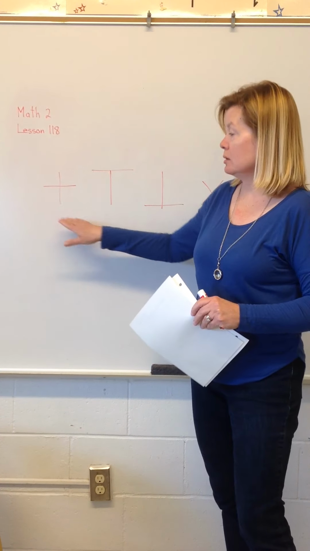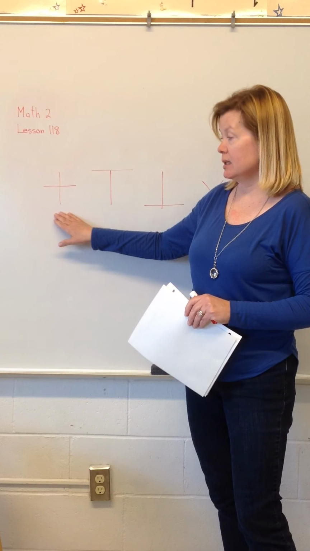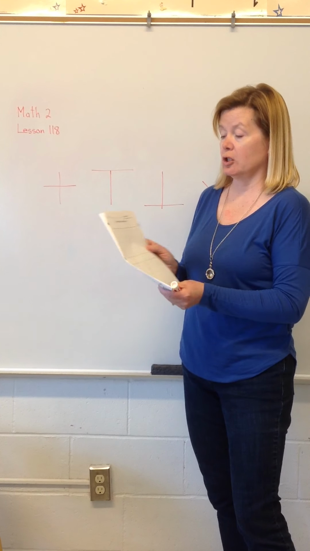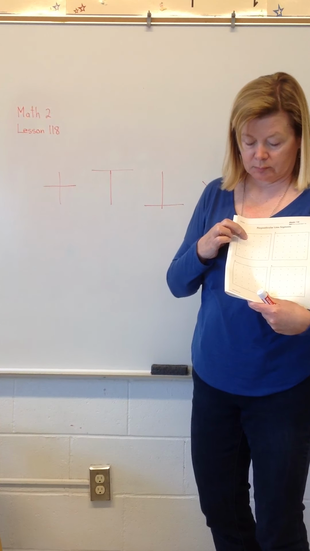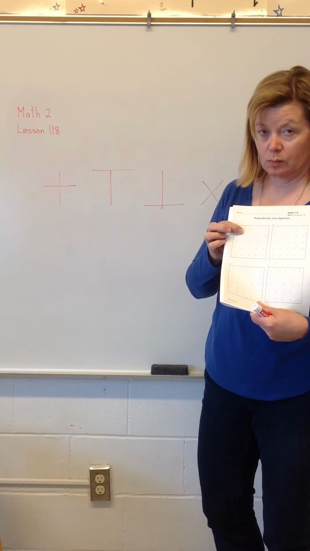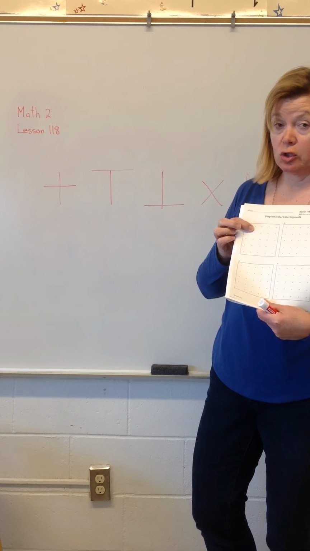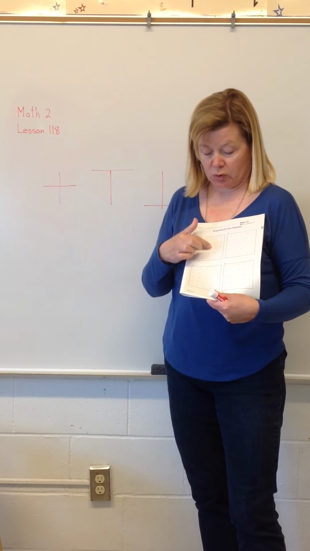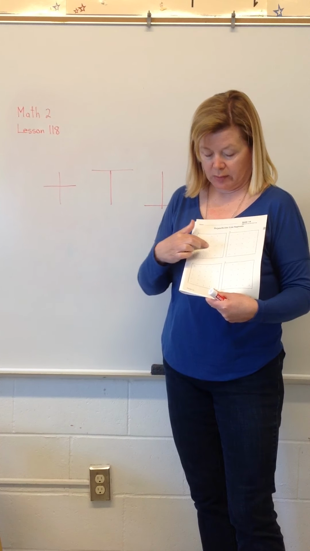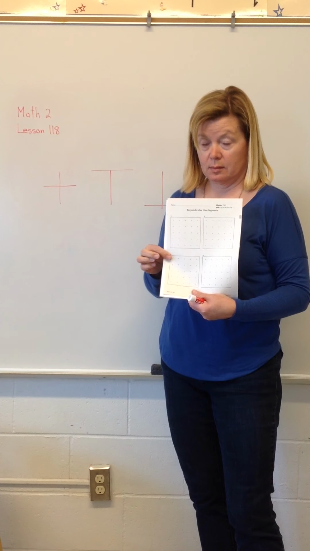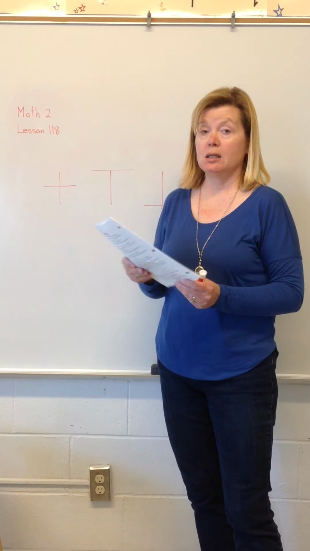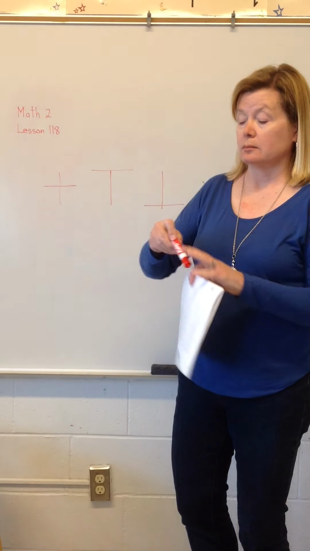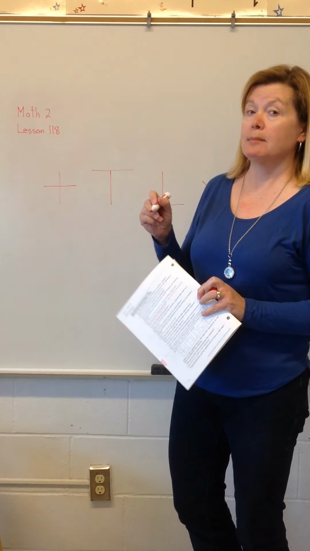I would like you to copy this line segment in the first box. You do that. I'm not going to draw mine since I drew one for you up here already. So I'm just going to do straight down the middle and then straight across. Then use a piece of paper to make sure that it is a right angle. And then we're going to mark it as a right angle.